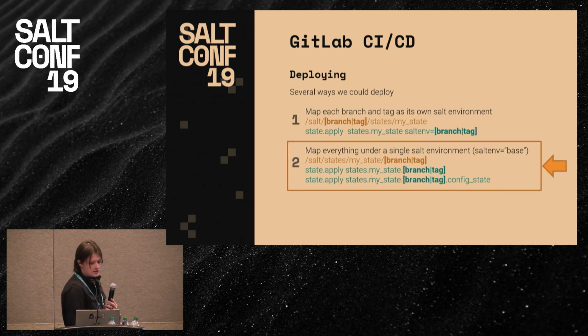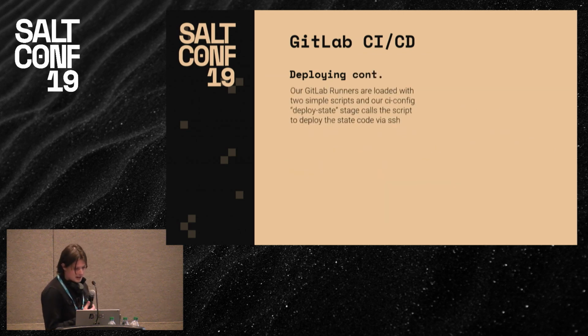And that solves a lot more problems, because the bigger issue we ran into with the first methodology was very similar to the GitFS problems. You might have a Salt environment, let's say V3, but your V3 release of certain Salt states might not correlate to the V3 release of other states. So now you have to worry about explicitly defining all of your Salt environments in many different states and updating and maintaining those, and it just gets really problematic. So the second approach made more sense to us.